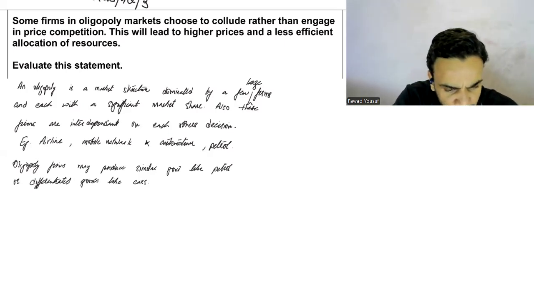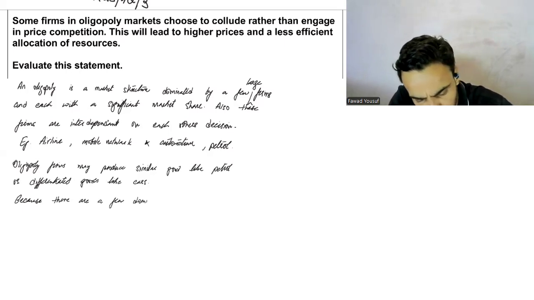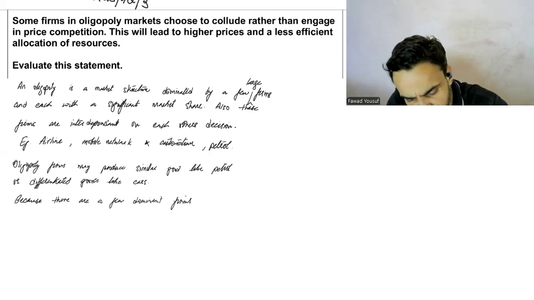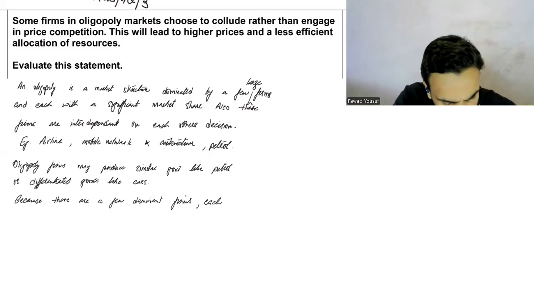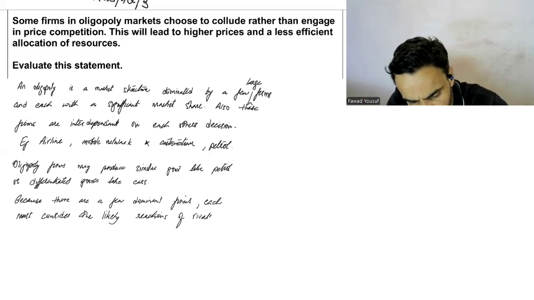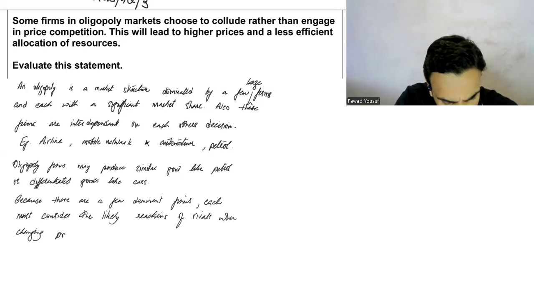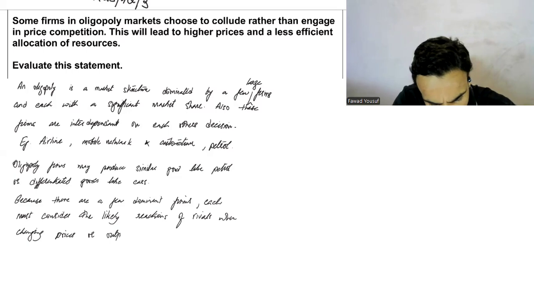One of the statements after this, what I would also say is that, because I should have done this with the first paragraph, but because there are a few dominant firms, each must consider the likely reactions of rivals when changing prices or output.